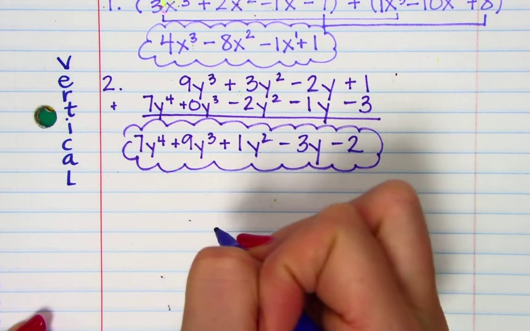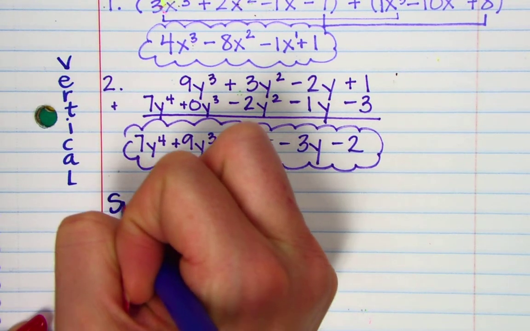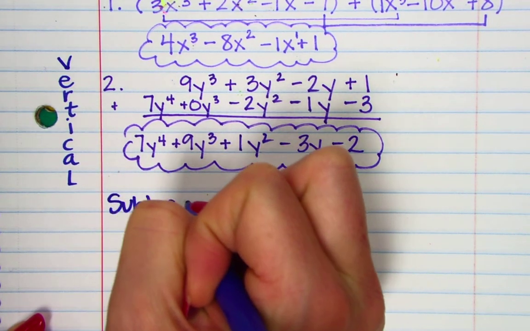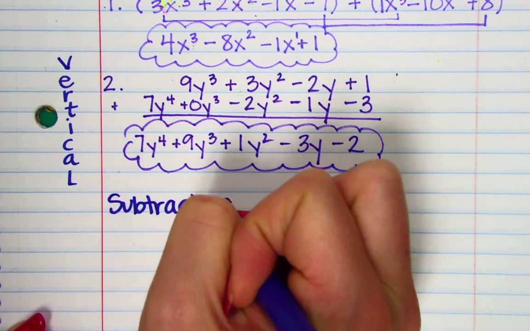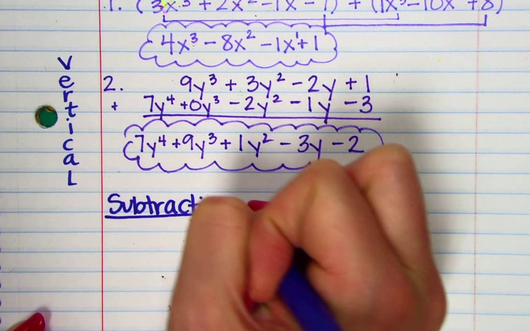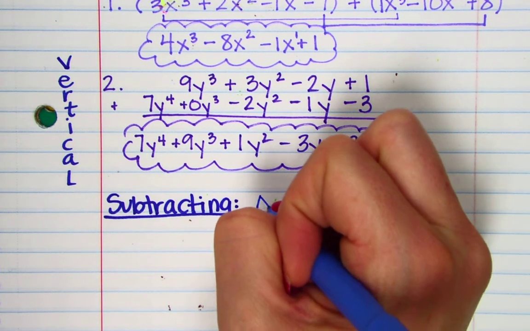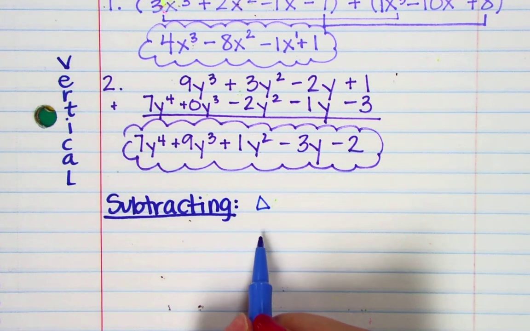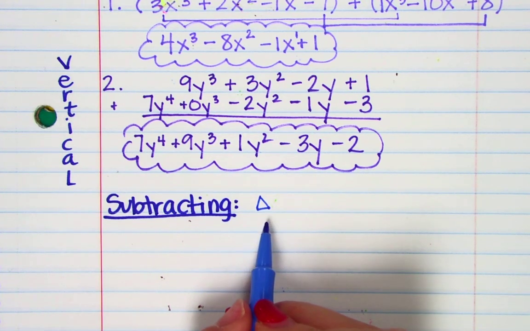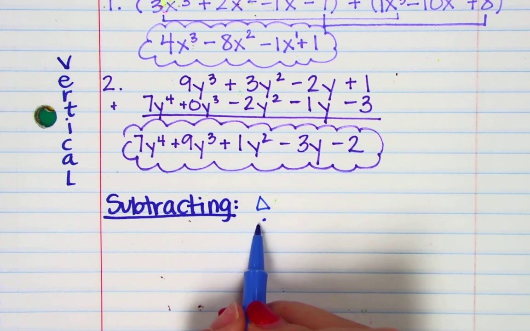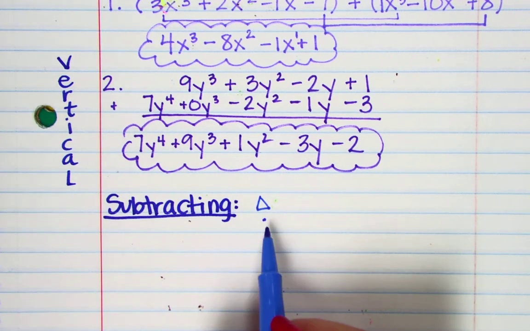So subtraction is close, almost the same. When you're subtracting, okay, change the sign. Triangle means change. Okay, I think you would know that from science class, but if you do not know that, don't write something in your notes that doesn't make any sense to you. Write the word change if you don't know what it means.